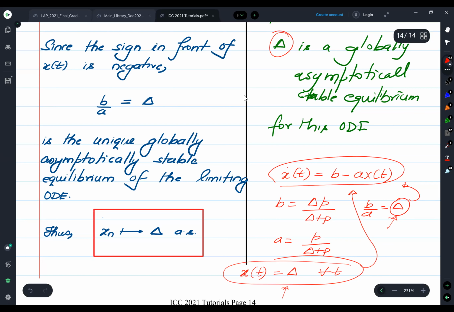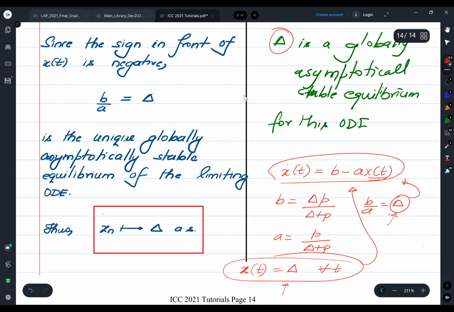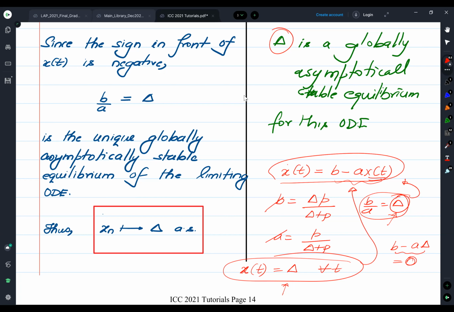The reason being that whenever you substitute or replace x of t with delta, so b minus a times delta, because of the way we have defined b and a, and because delta satisfies this relation that it is b over a, you will see that this right hand side is 0. So because the right hand side is 0, if you start at delta, the velocity is 0, so you continue to remain at delta.